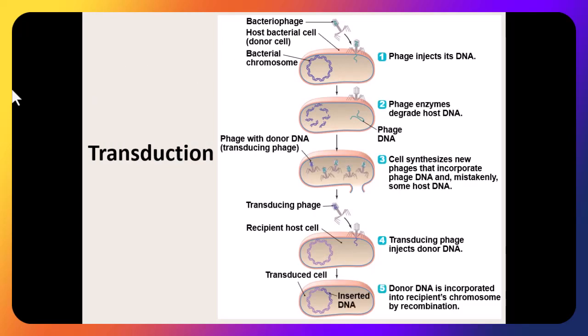Transduction looks like a lot of steps, but it is using viruses to move DNA. When a virus hijacks a cell, the DNA from that virus goes into that bacteria cell. That bacteria is now a virus-producing factory, but sometimes instead of just viral DNA going into the new viruses that were made, bacteria DNA ends up in those viruses.